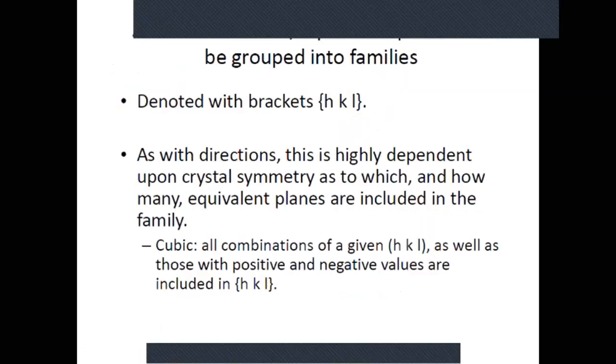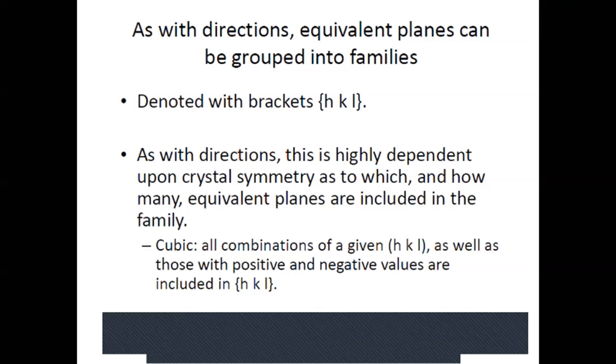So just like with directions, we do have equivalent planes that can be placed into families, and these are generally denoted with brackets. So if you see a bracket with HKL values, this usually encompasses a family of equivalent reflections. As with directions, it's dependent on the crystal symmetry, because the crystal symmetry will show you which planes are equivalent and can be included in the HKL family.